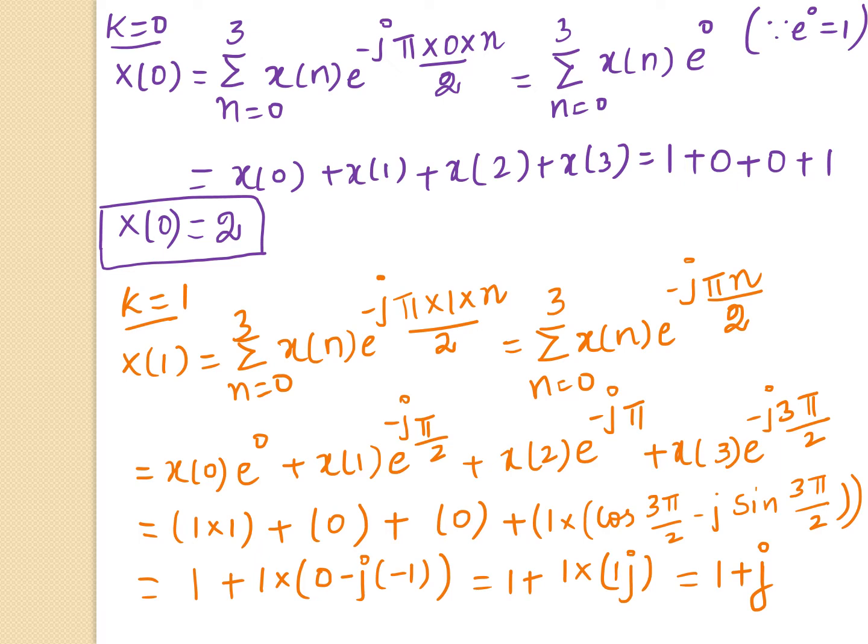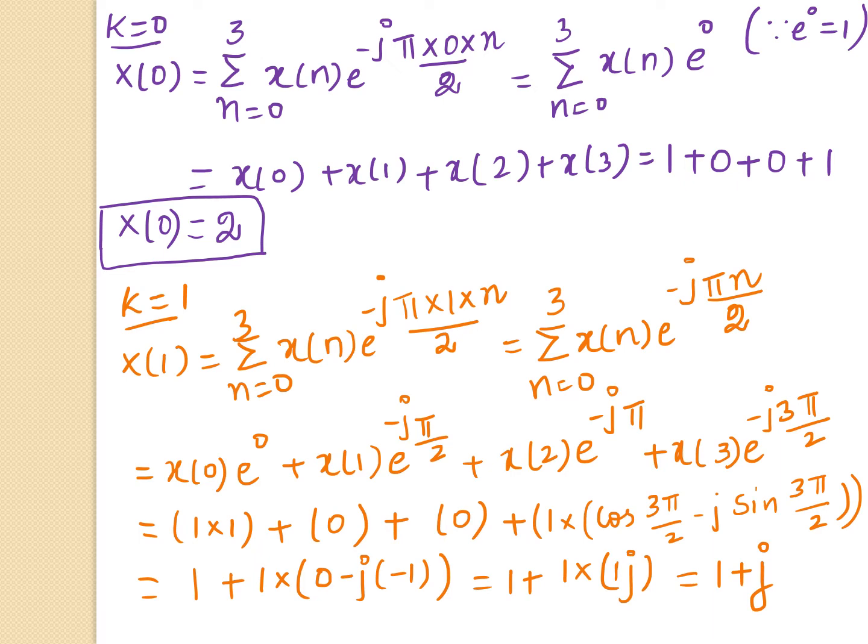So when k becomes 0, x of 0 can be found. So x of 0 is equal to summation extending from n is equal to 0 to 3 x of n into e power minus j pi into, for k you can substitute 0, so 0 into n by 2. So here this e power j term is multiplied with 0, so that e power minus j term becomes e power 0. So summation n is equal to 0 to 3 x of n into e power 0.